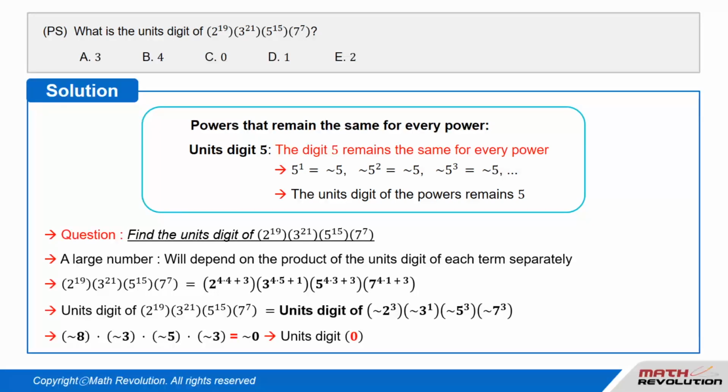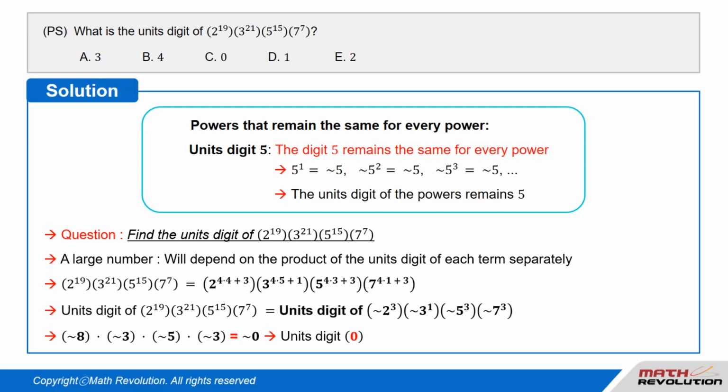So 2 to the power 19 times 3 to the power 21 times 5 to the power 15 times 7 to the power 7 can be written as 2 to the whole power of 4 times 4 plus 3, times 3 to the whole power of 4 times 5 plus 1, times 5 to the whole power of 4 times 3 plus 3, times 7 to the whole power of 4 times 1 plus 3.